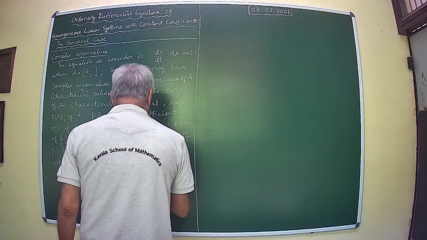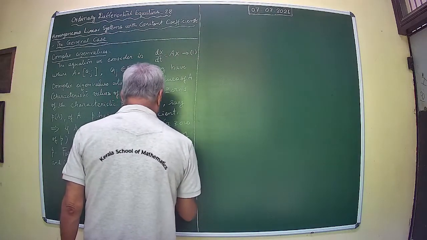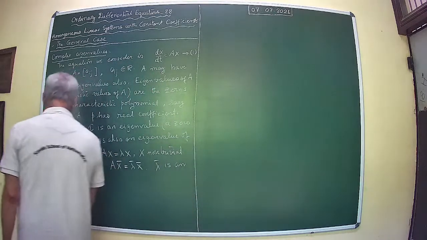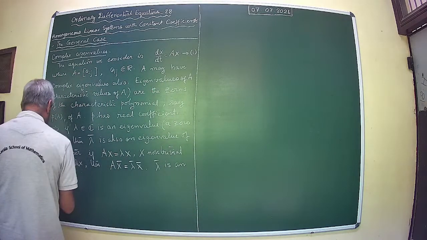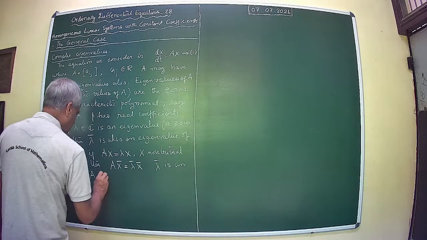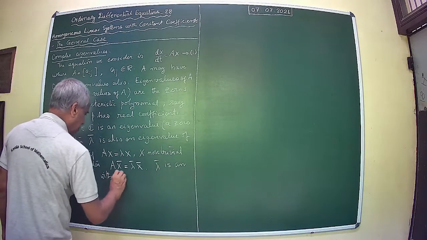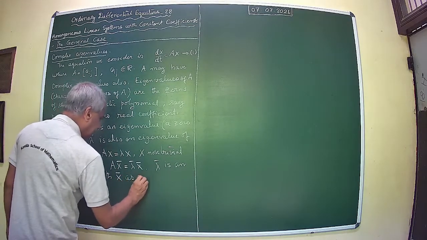Therefore, lambda conjugate is an eigenvalue of A with x conjugate as an eigenvector.